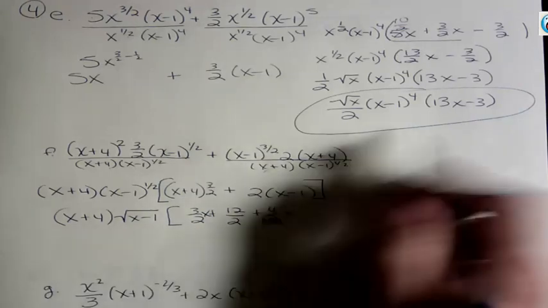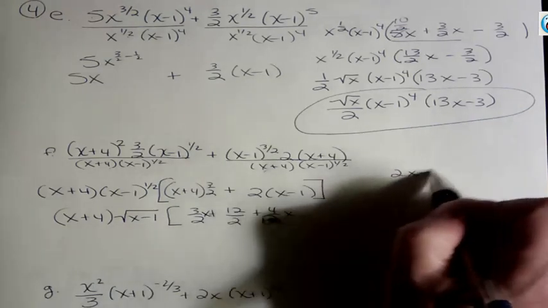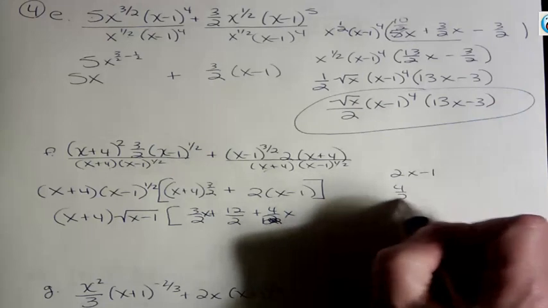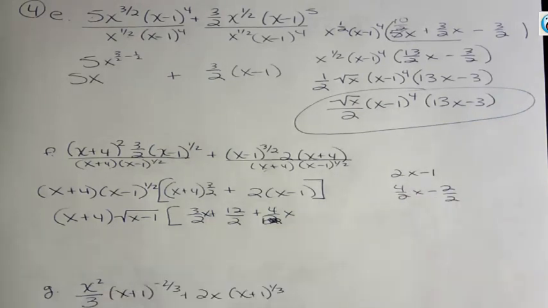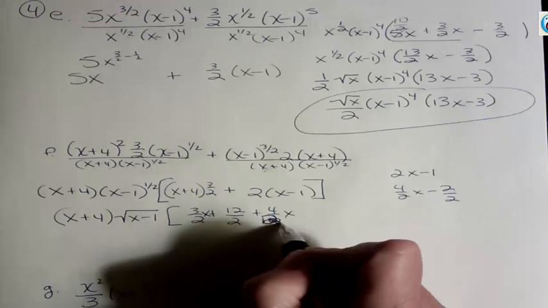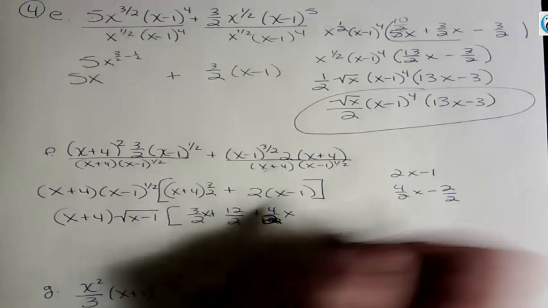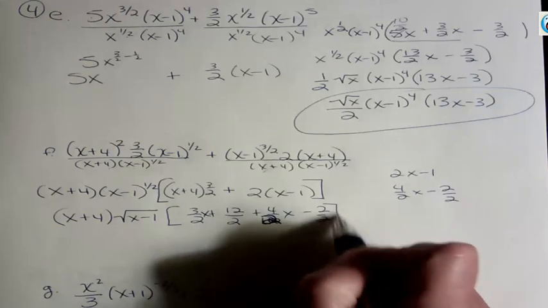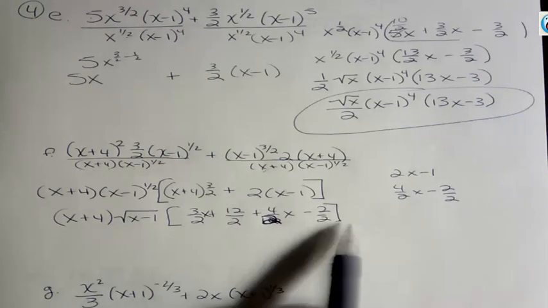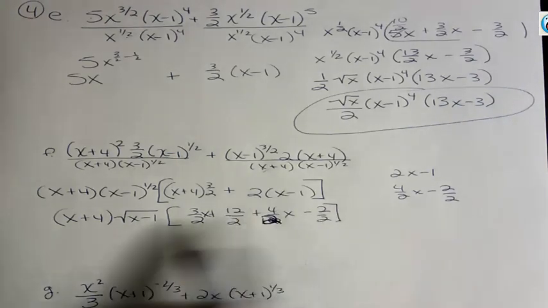What I have is 2x minus 1, but I'm going to write that as 4/2 x minus 2/2 so that I can factor that half out of there. I'm trying to get to where I have something that makes sense so I can take it out. And so I want to take out the half in a second. But let's add together what I have.